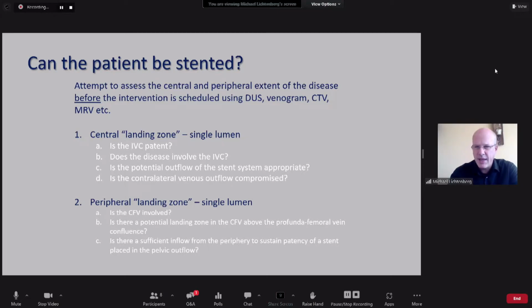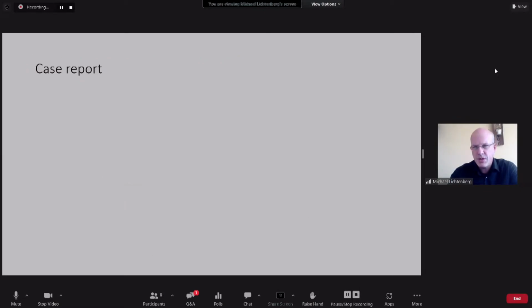Is the peripheral landing zone okay? Is there involvement of the common femoral vein? Is there a good landing zone for our distal stent? Can we land the stent just proximal to the profunda to get profunda inflow and not harm it? So there are a lot of technical questions which need to be answered before we start the endovascular process.